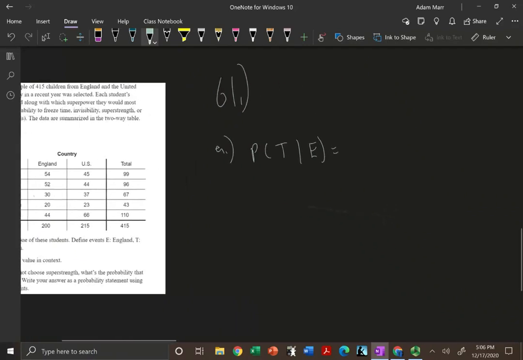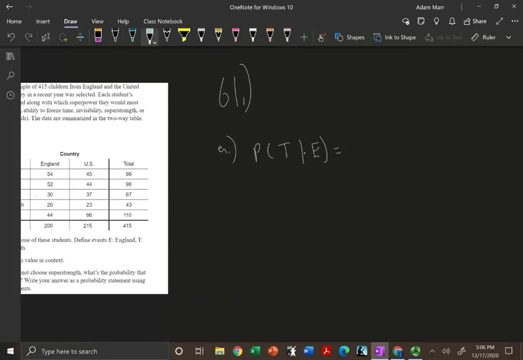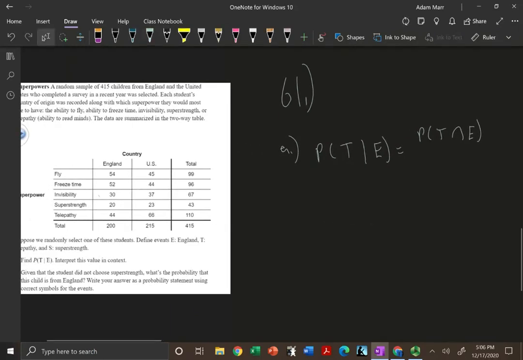Okay, so right here, remember what we think, T given E. That means the probability of people that are from England and most want to have a superpower that's telepathy, divided by the probability that you're from England. Now, we don't have to use the actual probabilities because it's a chart. So we'll just get the number of people that are T and E over the number of people just from England right here. That's all we have to do.